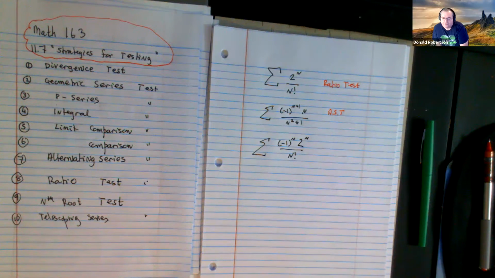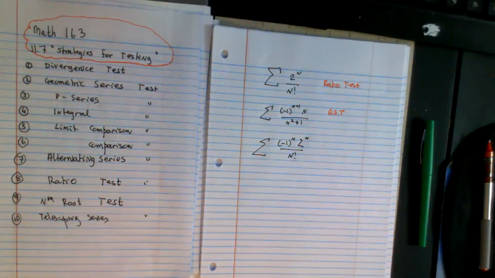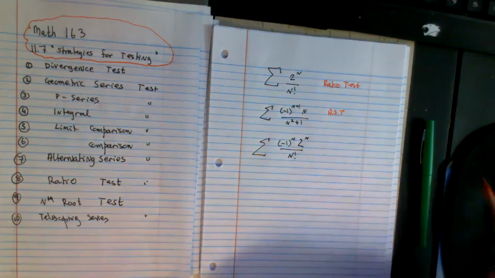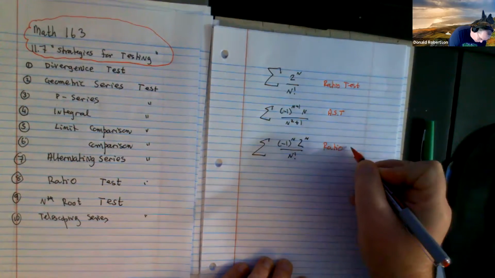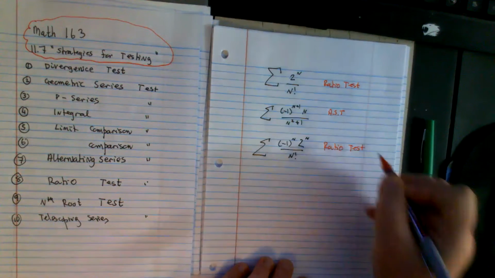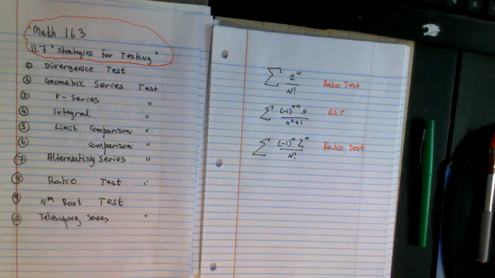Which test should you use now? Ratio. Correct. Why the ratio test and not the alternating series test? It has n factorial. Right.